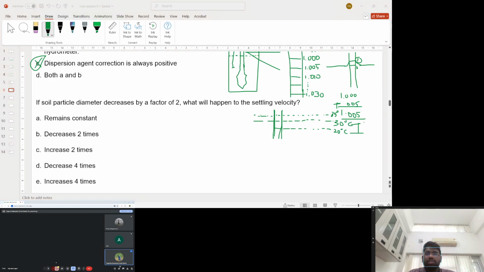Now we need to understand the relationship between particle size, particle diameter, and settling velocity. As far as Stokes law is considered, settling velocity is directly proportional to the square of the diameter of the particle, for any particle.